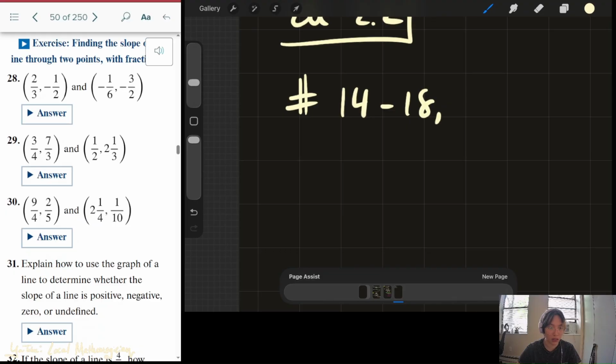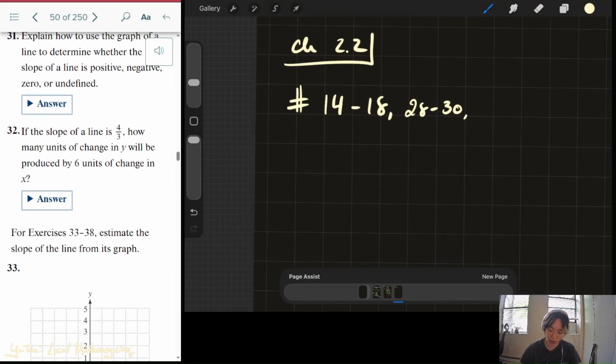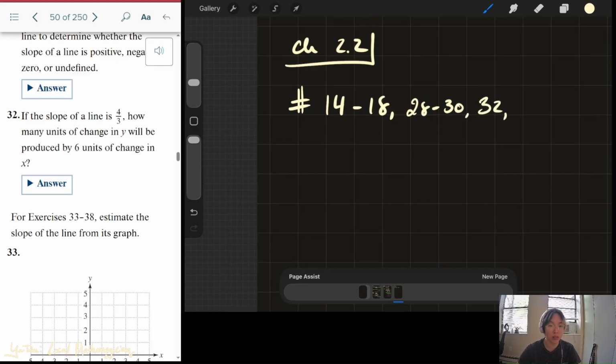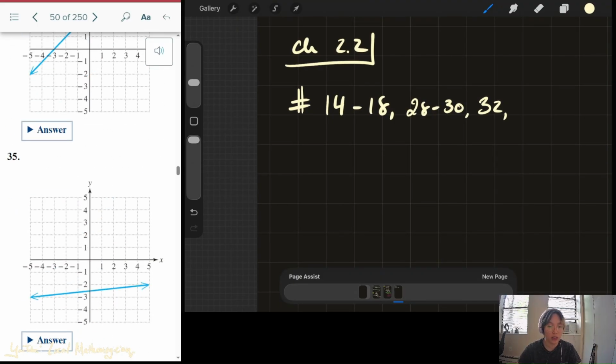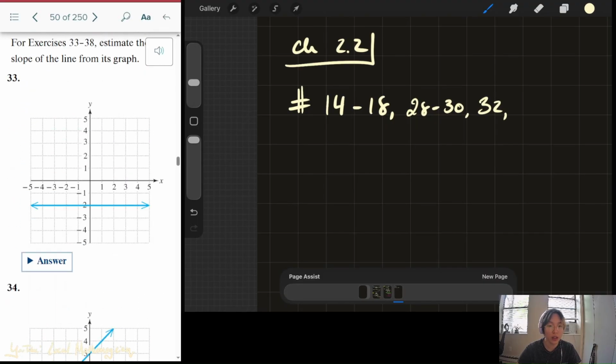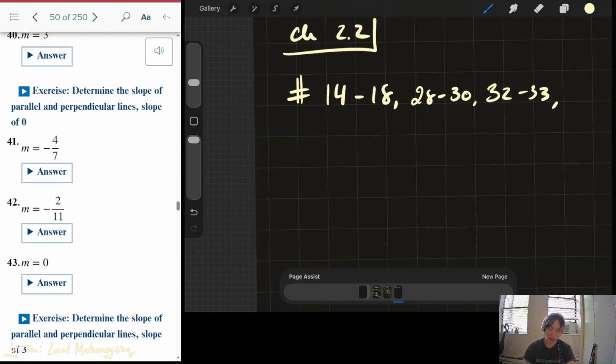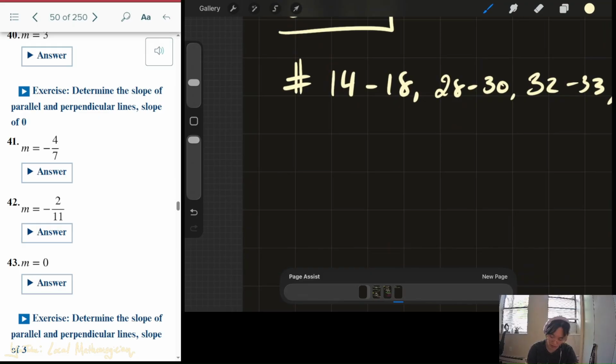I want 28 through 30. I want 32, I want 33, so 32 through 33.